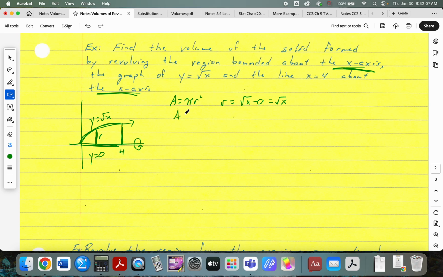So then the area in terms of x is going to be pi times square root of x squared, which is just pi x. And again, this is one where somebody was like, yeah, we're going to make this easy to do by hand. So then the volume is going to be pi, I'll go ahead and factor that out, times the integral, we'll do the limits of integration in just a second, of x dx.